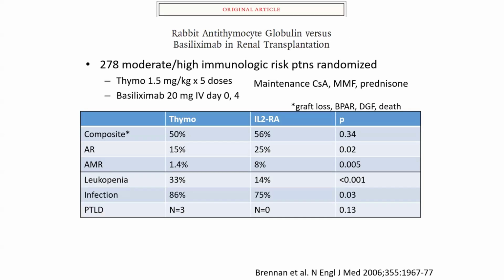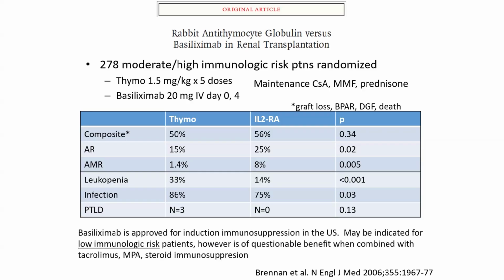The big numbers we look at: there were a bunch of drugs that were tried, just steroids, something called basiliximab, thymoglobulin, and alemtuzumab or Campath. This is showing that thymoglobulin is kind of our best one.